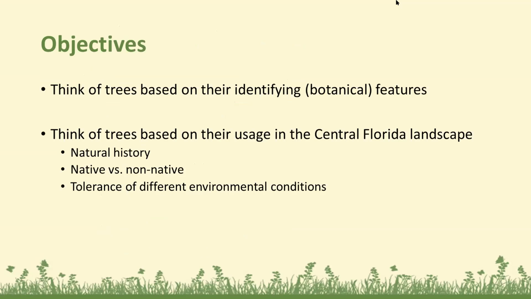And I want you guys to think of trees based on the ID features. Some of you are much more versed in this than others, but it's a skill that we all have to keep refining over time. And if you don't use it, you can lose it pretty quick, like a lot of things, like languages. Outside of that, I want people to think of trees based on their usage in the Central Florida landscape, and their biology, another way to put that is their natural history, whether they're native or non-native.